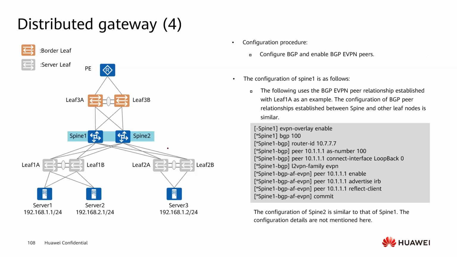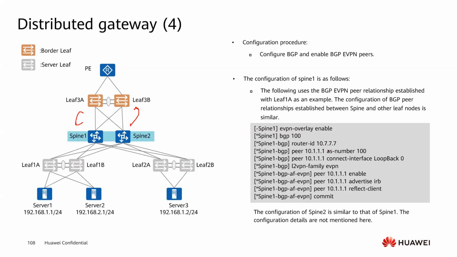First, you will find that we will configure the BGP relationship between leaf and the spine device. We first need to enable the function for the BGP VPN, and this command is the VPN overlay enable.